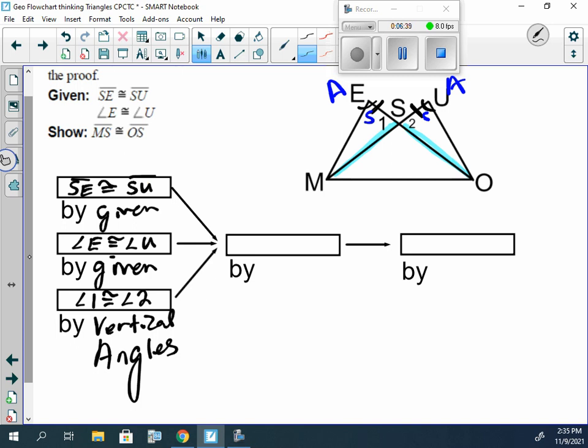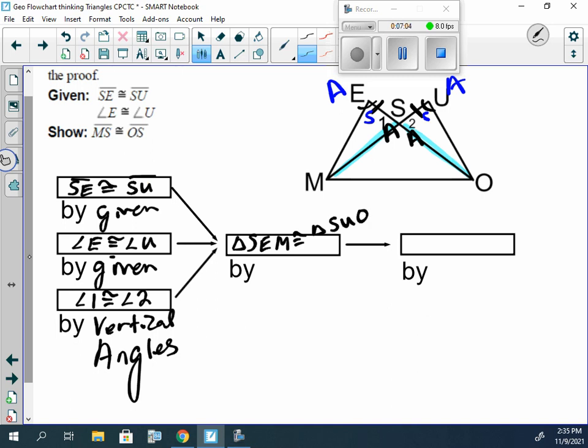Well, do you have enough information to say that the two triangles are congruent? Now, triangle what? SEM. Okay. What?